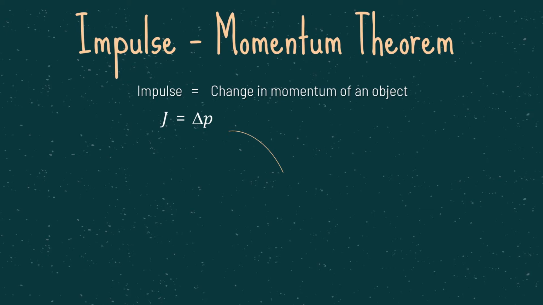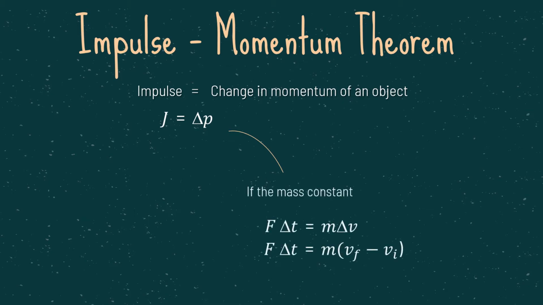How can it be like that? The impulse we can write as Ft, and momentum we can write as the change of P. We can derive this formula into another formula. If the mass is constant, we can write our formula as Ft is equal to mv.